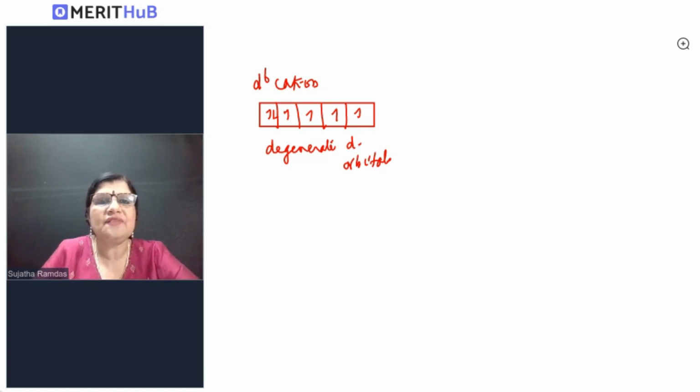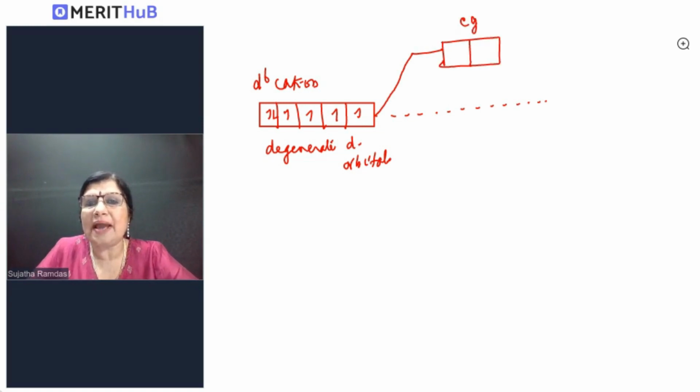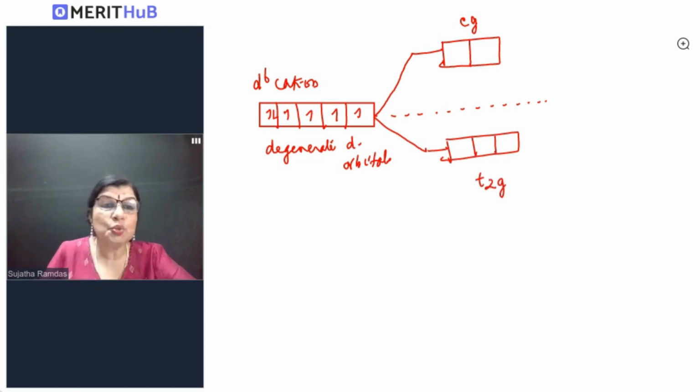Here, let me draw this line, which we call the barycenter. On splitting, the orbitals split into eg orbitals, which are dx square minus y square and dz square, and the other 3 orbitals are the t2g orbitals.